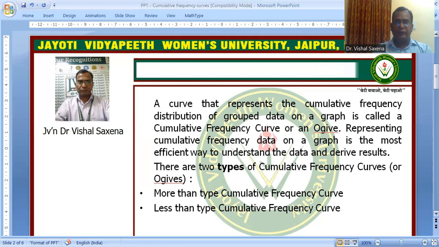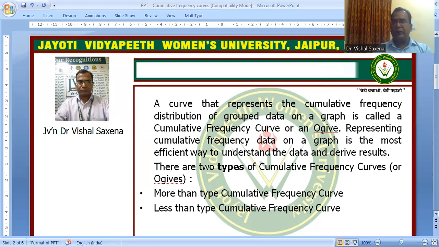For the cumulative frequency distribution we discussed earlier in the table, if a curve is drawn for such grouped data, then it is called the cumulative frequency curve, also known as the ogive curve.